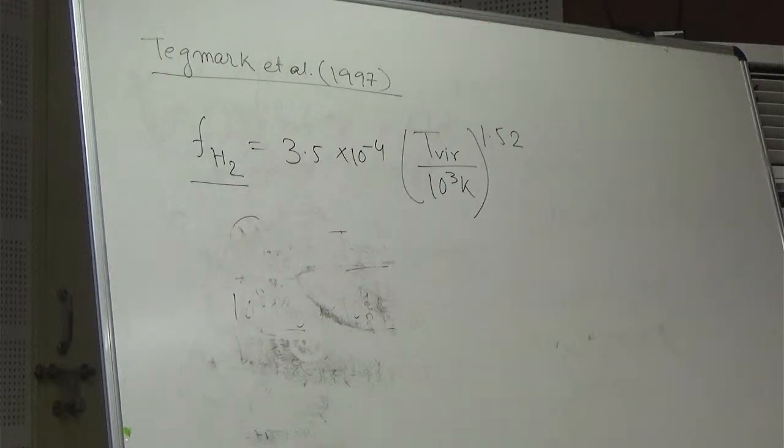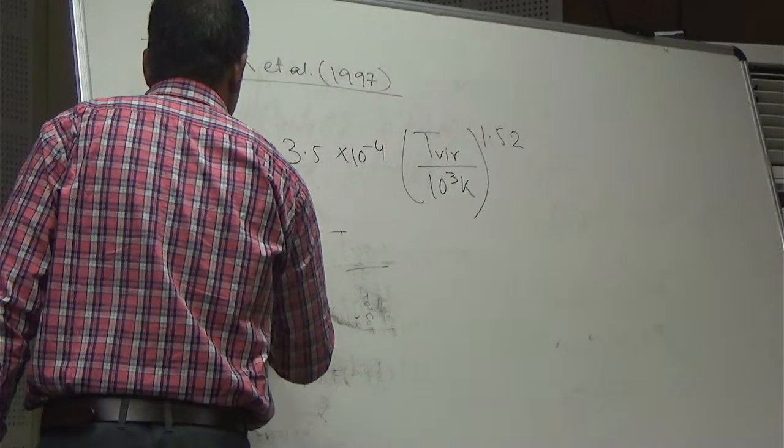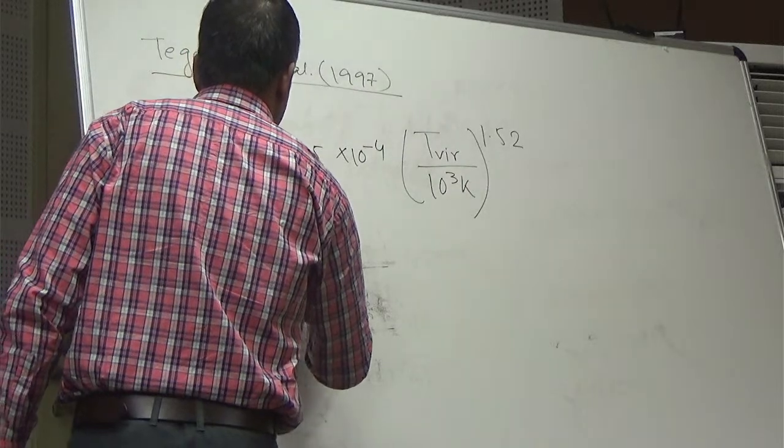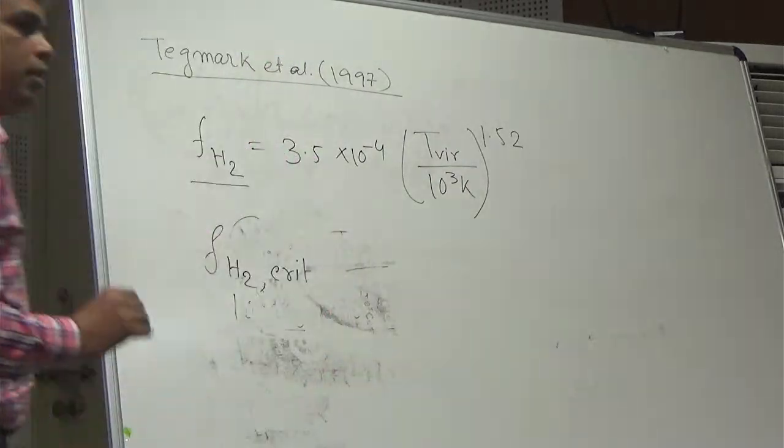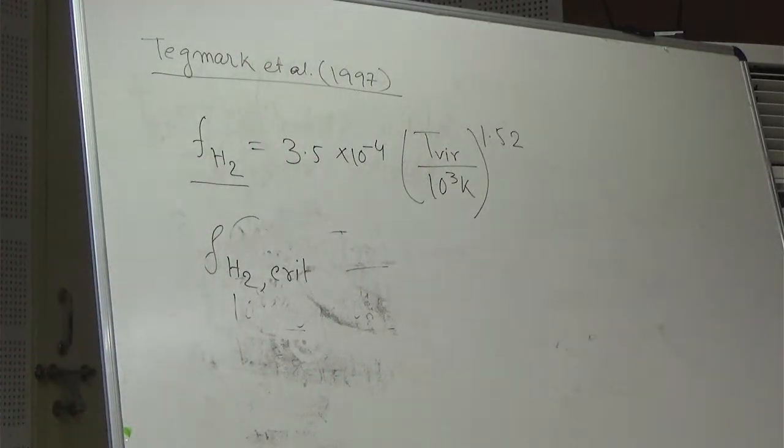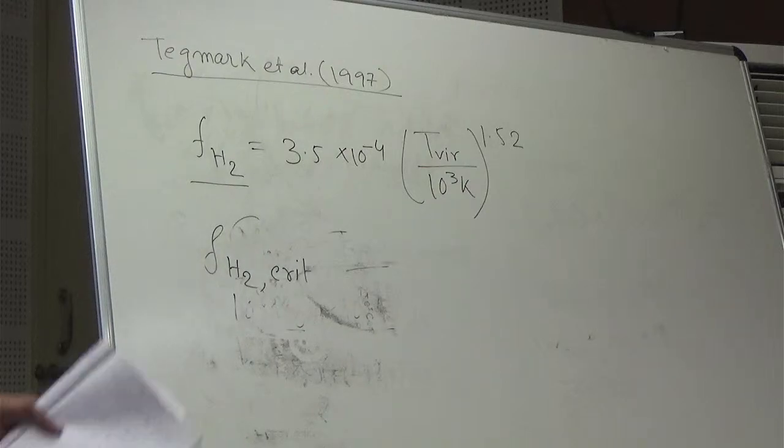You need some minimum level of molecular hydrogen, and if it is below that, there will be no star formation because cooling will not be efficient. So that critical fraction, f_H2 critical, is the minimum fraction you need to start Pop III star formation.